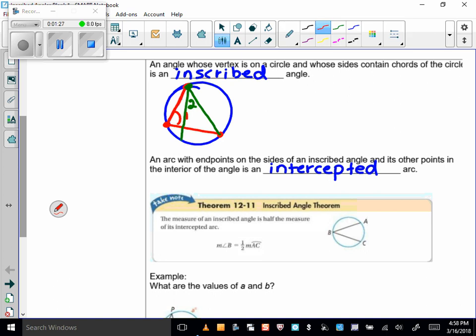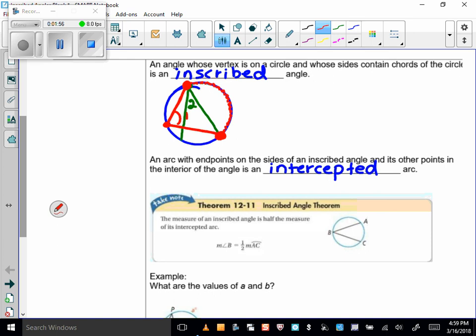If we want the intercepted arc that's associated, it's an arc with the endpoints on the sides of an inscribed angle. So here they are. There's one endpoint, there's the other, and all the other points on the interior of the angle. So all these other points along here that are on the interior of angle 1, that's the intercepted arc.